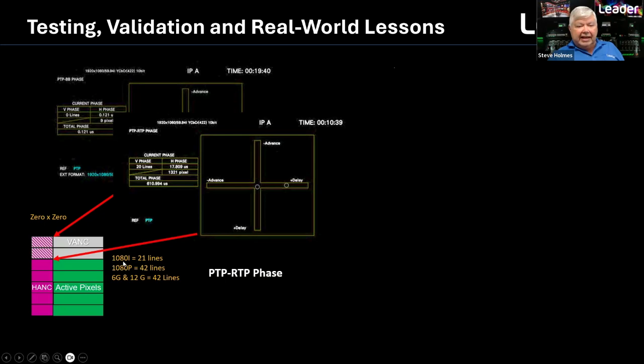If you're a 1080i system, you know that your vertical interval is 21 lines. So my video for my 2110 system should start 21 lines later. And if you notice here in this particular instance, and this is real off of the live system here, it was 20 lines out, not 21 lines out.